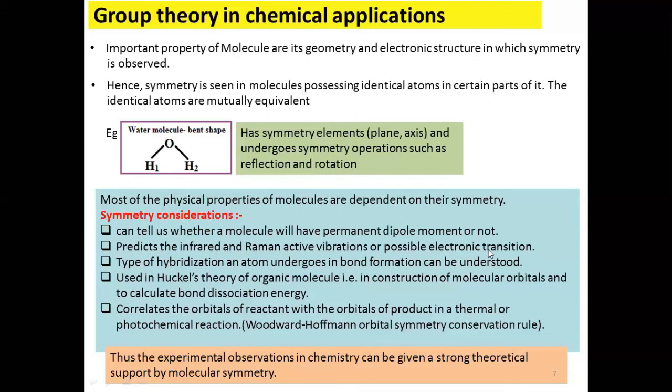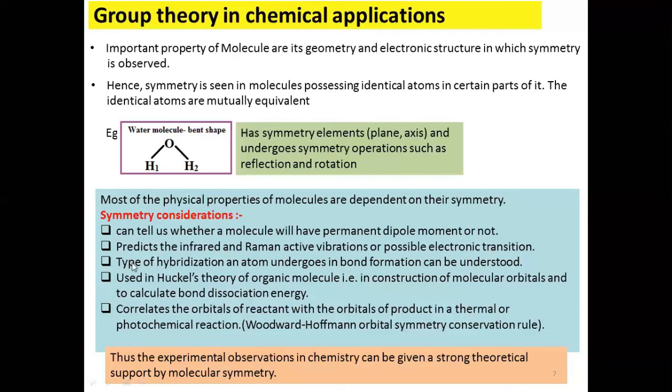We need not go for any instrumentation to find the possible vibrational modes, but we can make use of simple symmetry observations and simple calculations. We can predict the infrared and Raman active fundamental modes.